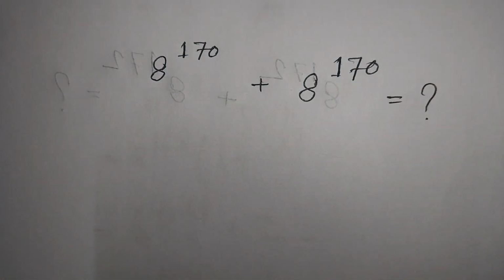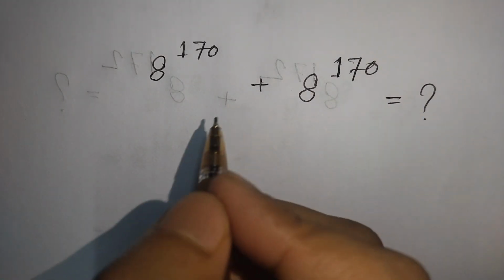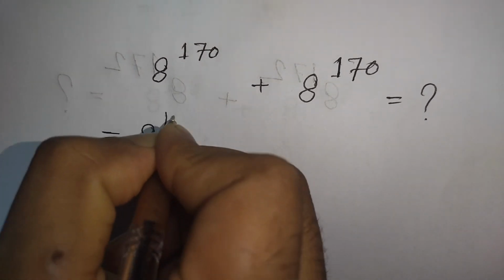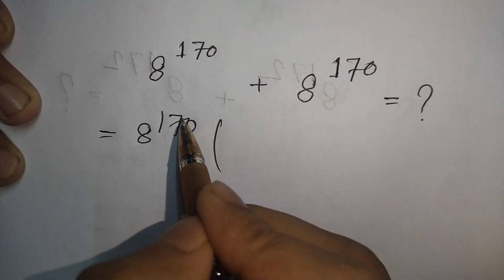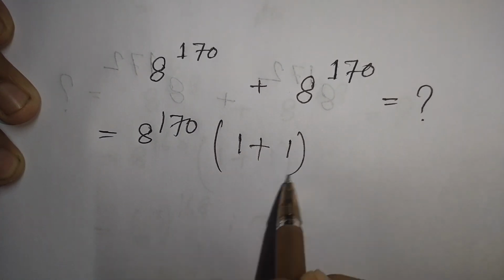How to solve 2^170 + 2^170 is equal to what? At first we take common 2 to the power 170. First bracket start, this divided by this, that means 1, plus this divided by this, that means 1.